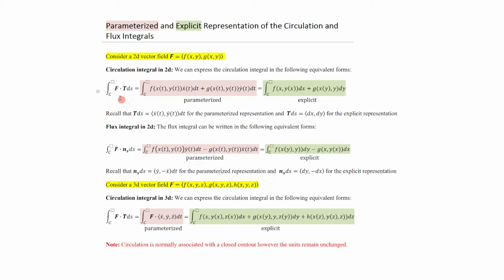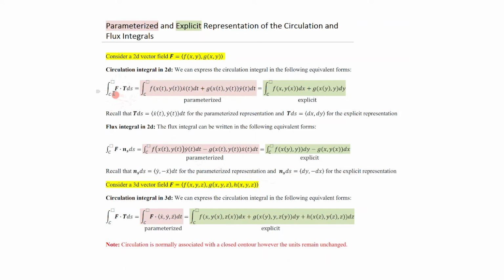If we're dealing with a parametrized way of dealing with things, then t dS basically would be a vector, x dot, y dot, dt. So that would be t dS: the vector (x dot, y dot) dt, and you take the dot product with the vector F.